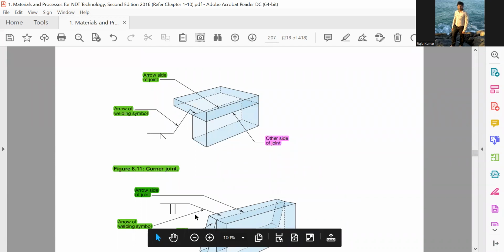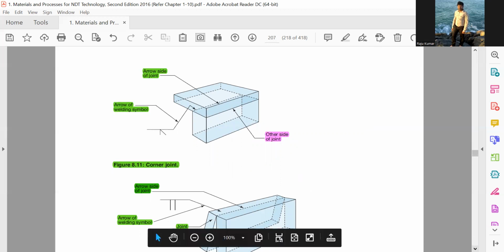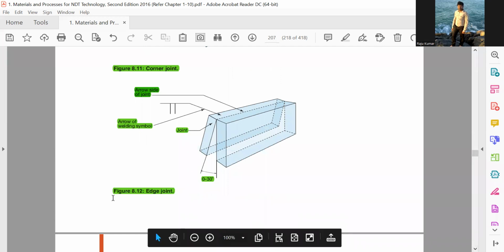Corner joint: arrow side of the joint, arrow of the welding symbol, and the other side. Other side is this, and the arrow side is the one. Then edge joint.